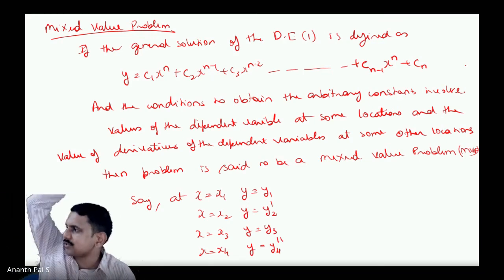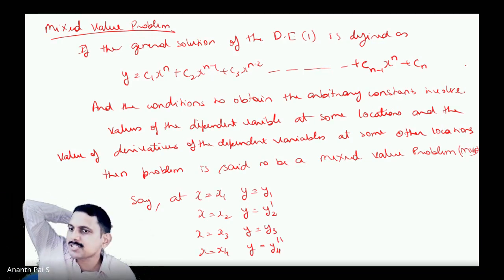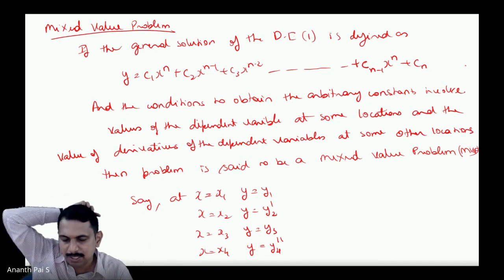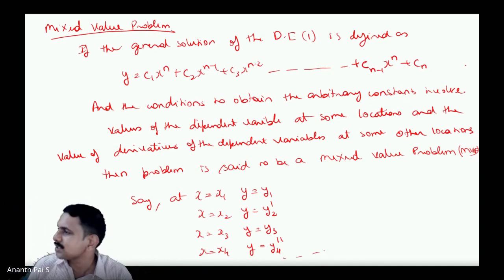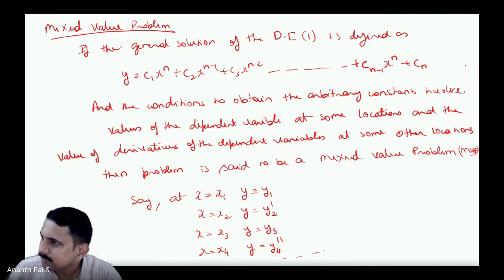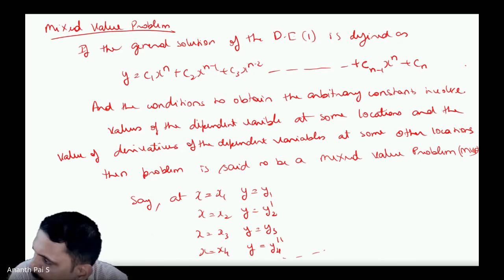A lot of things come in different ways, and so on. If it is that way, then it is a mixed value problem. So we'll stop here.